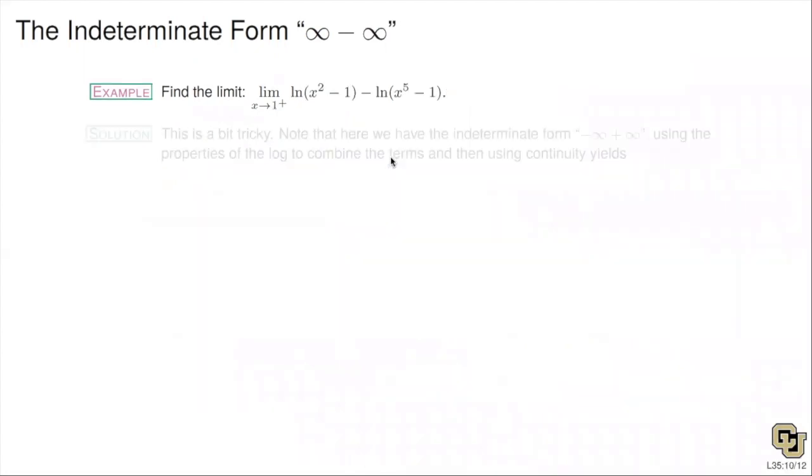So here's another problem. And I'm coming to the end here, so I'm going to start wrapping these up. Here, again, this one's a little tricky. Okay, so when x goes to 1 from the right, x squared minus 1 goes to 0 from the right. ln going to the 0 from the right is negative infinity. Minus this natural log also, the x to the 5th minus 1 approaches 0 as x goes to 1.